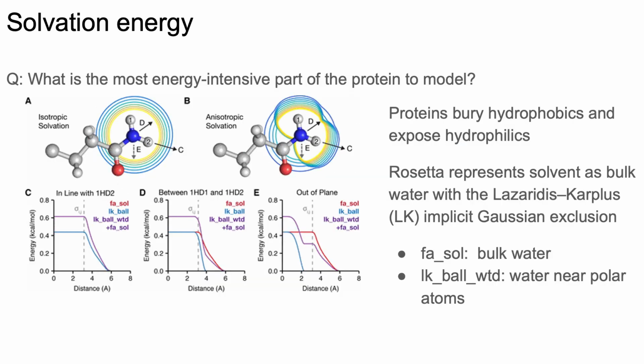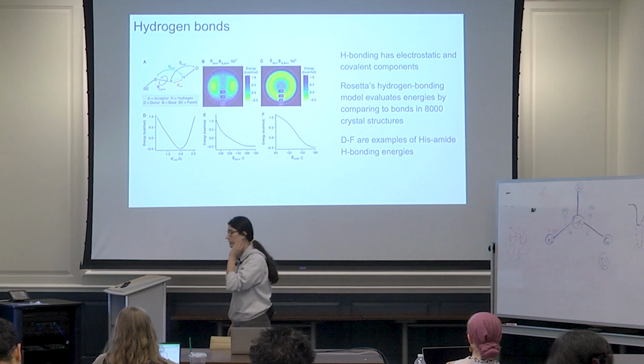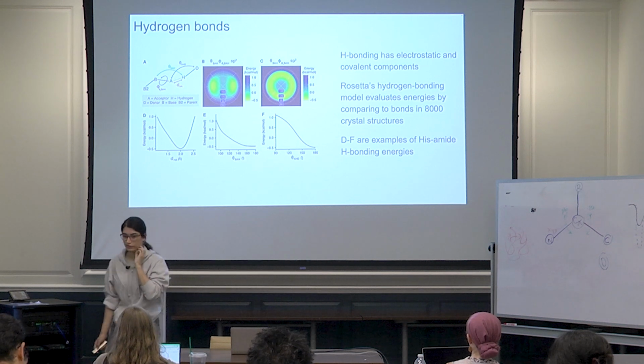So we briefly talked about solvation, where you can think of membrane proteins. And with hydrogen bonds, you're going to have a chance to really analyze what happens to hydrogen bonding in terms of its distance and what distance range is feasible.